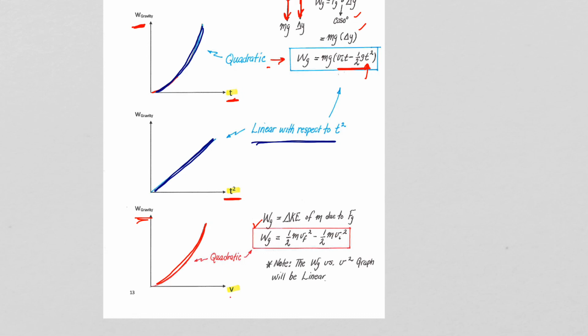I ran out of page here to show you a final linear graph, but I hope at this point you can see how that game is played: had they given us a v squared down here, that graph would be linear because the work is going to be directly proportional to v squared.